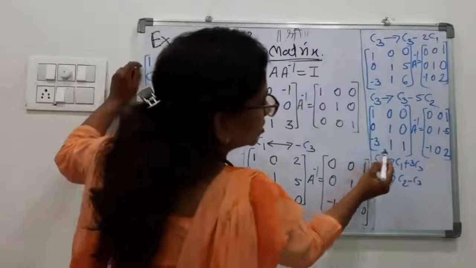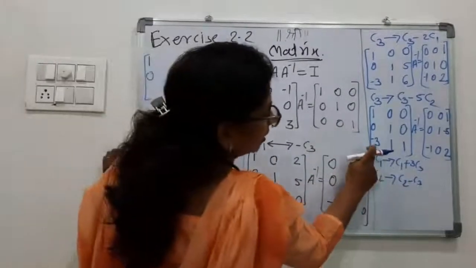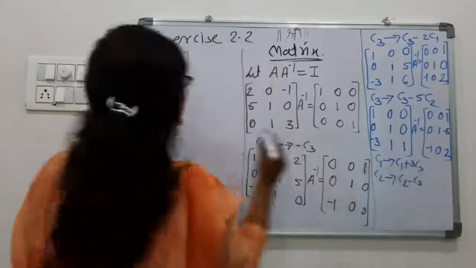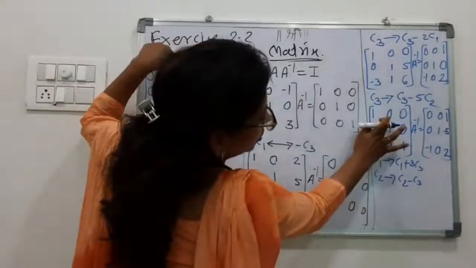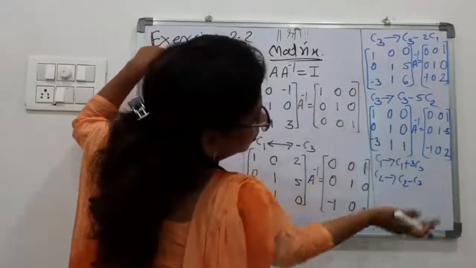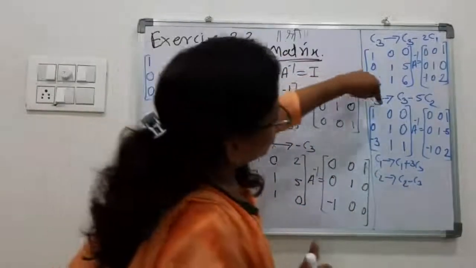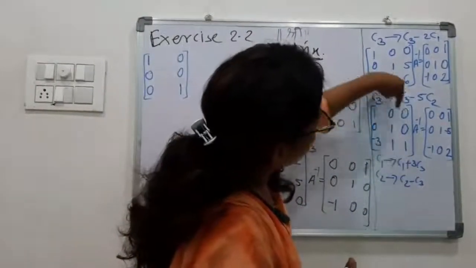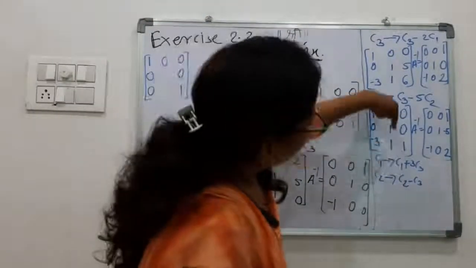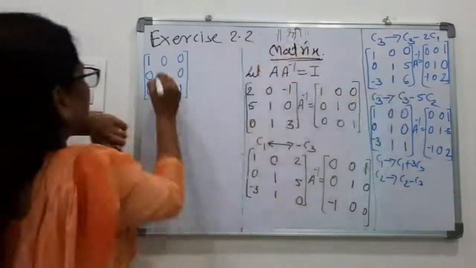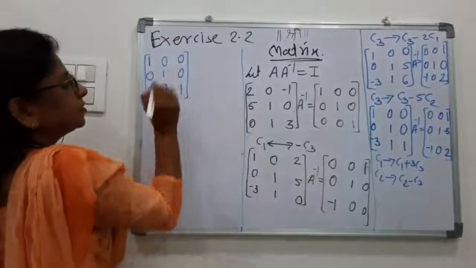Now here minus 3, because for 0 only we are doing this. Means C1 minus 3 plus 3 is 0. Now here 0 for C2, on C2 we have to do C2 minus C3. So 0 minus 0, 0 is there. Then 1 minus 0, 1 is there. And for 0 only we are doing, so it is 0 there.